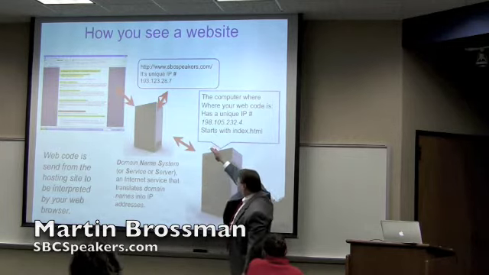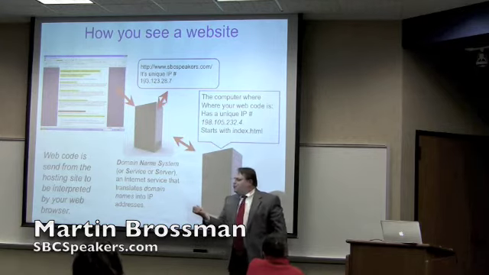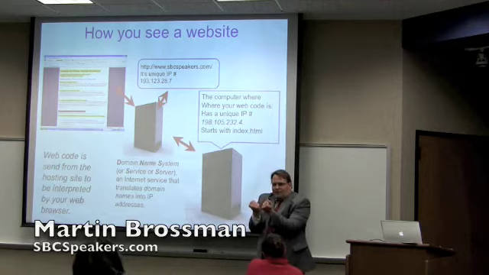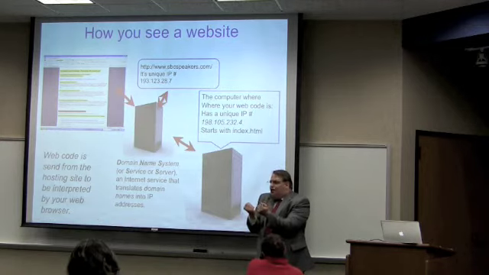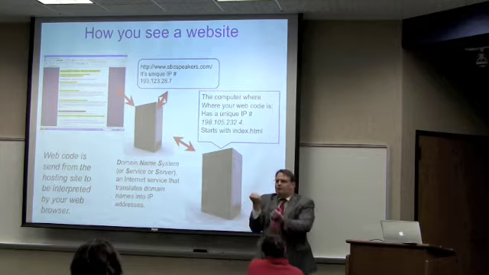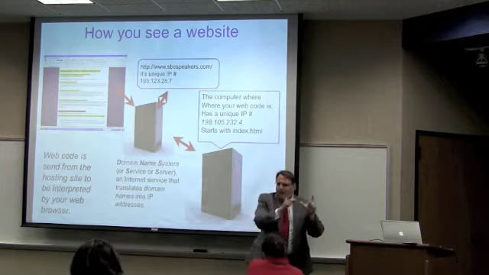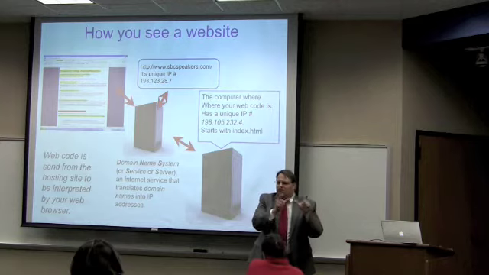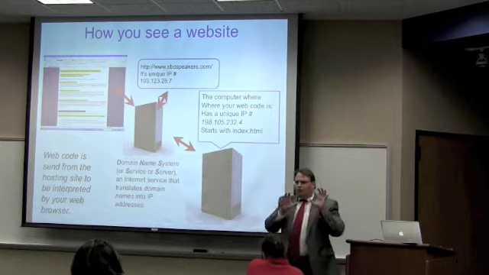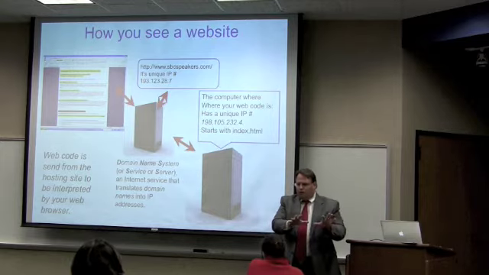Those domain name servers take that address and look for a unique number associated with it. They may pass it onto some other domain name servers to narrow down the search. But when they match your name up with a unique number, it goes to that unique place, which is a physical hard drive or computer somewhere out in the world.